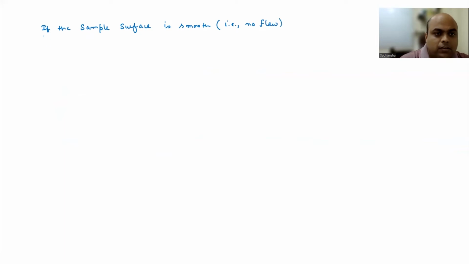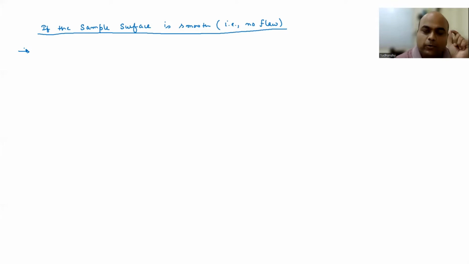Okay. So what will happen? Remember, before your material is going to show macroscopic yielding, there can be microscopic yielding locally, right? Depending upon the grain orientation with respect to the loading axis direction.